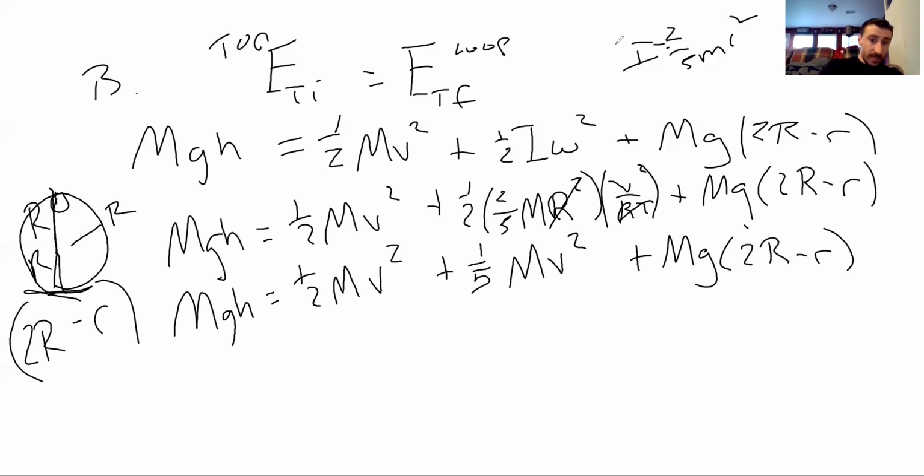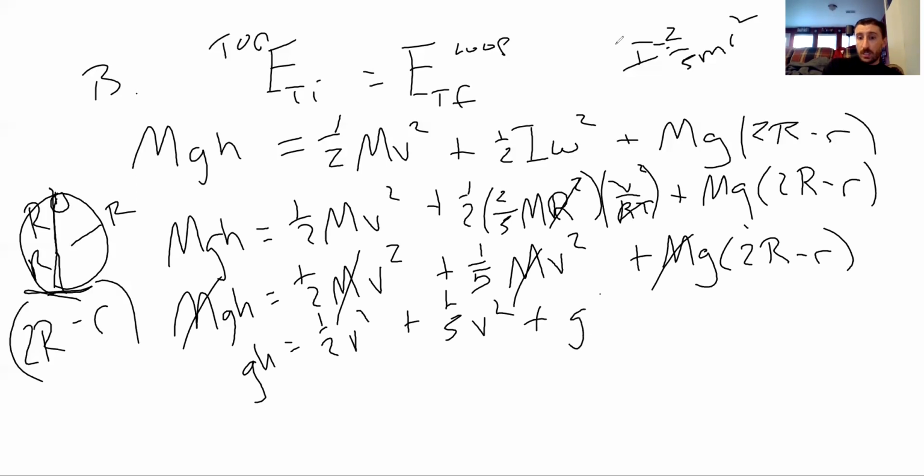Well, everyone has an m. Cancel those guys out. I get gh equals 1/2 v squared plus g(2R minus r).